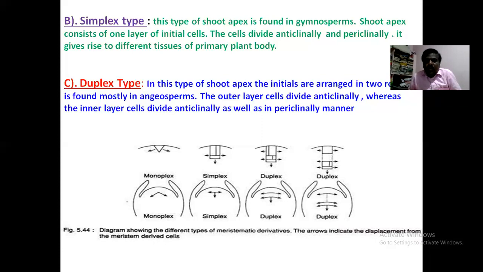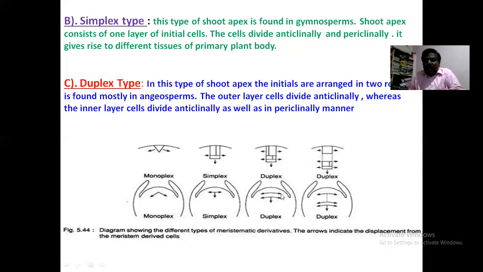Each cell shows divisions in two planes, anticlinal and periclinal. Only a single layer is present in simplex. And in the duplex type, two layers are present.